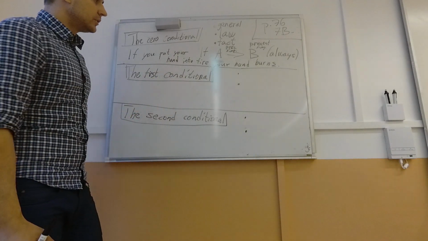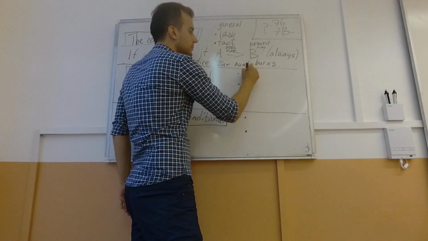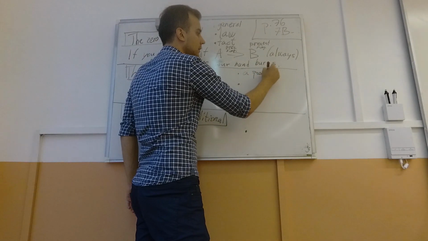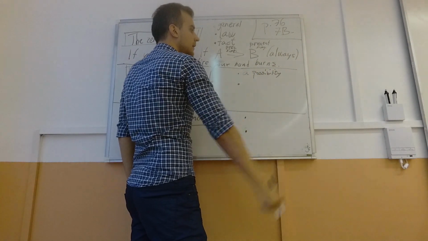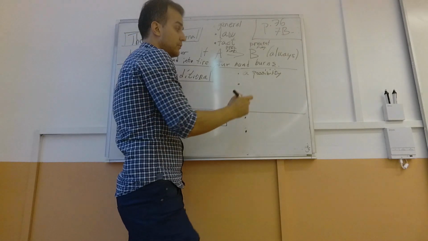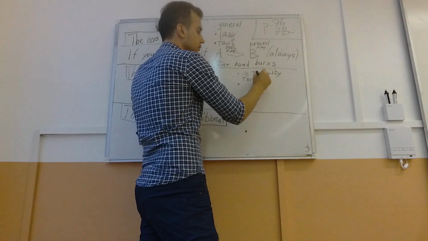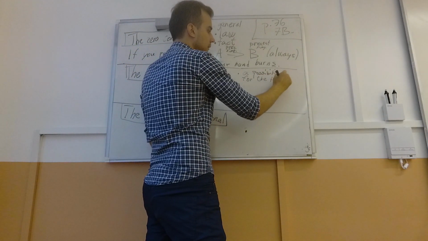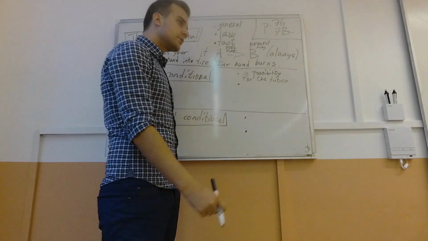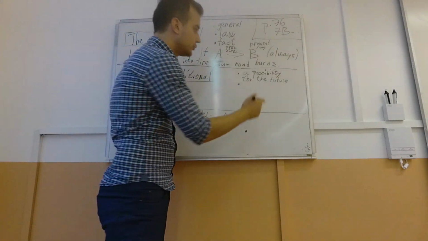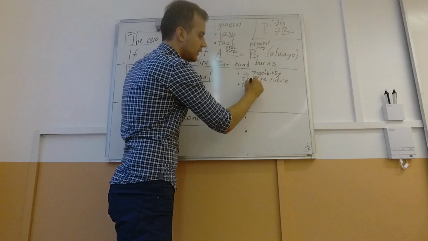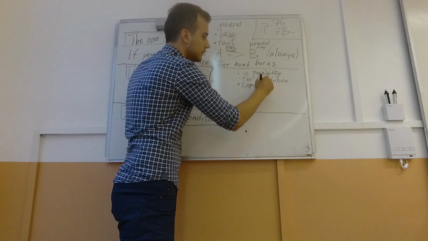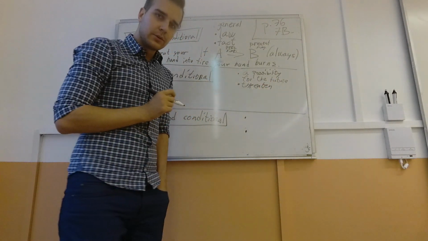In the first conditional, I'm talking about the possibility. Let's say for the future. And also I can threaten. Můžu ji někomu tímhle vyhrožovat. Threaten znamená vyhrožovat.